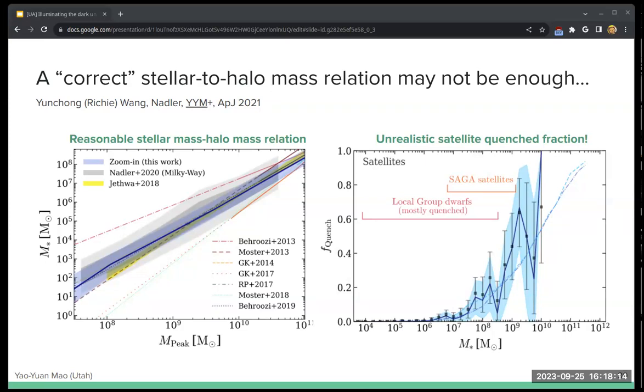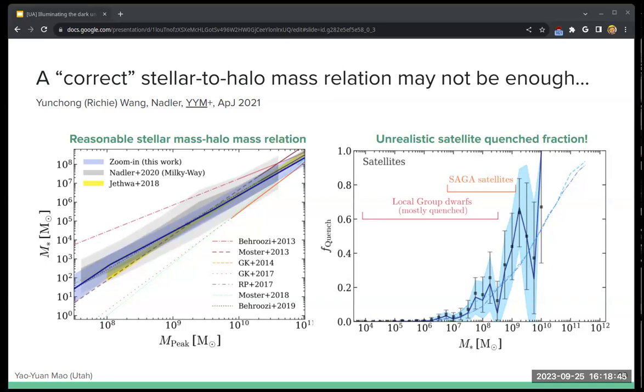Actually, we believe the quench fraction should go to 1 at some very low mass. So this is saying that despite this being completely wrong, you can still get the stellar mass halo mass relation kind of right. And so there is this additional modeling component you need to worry about if you want to reproduce some specific thing in your observation. In this case, the specific thing is the host interaction that is difficult to capture with this model.